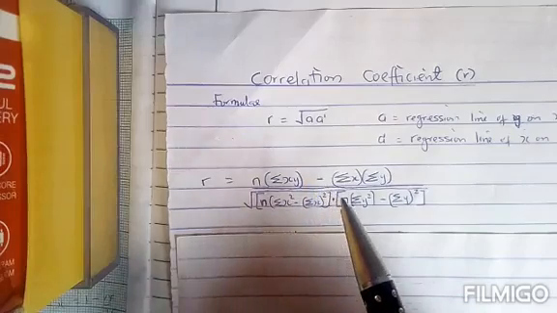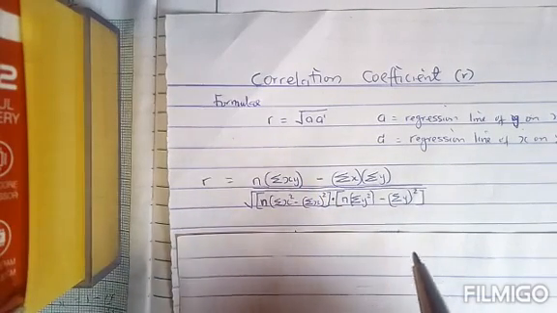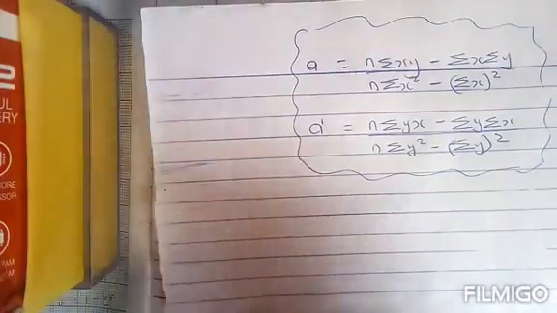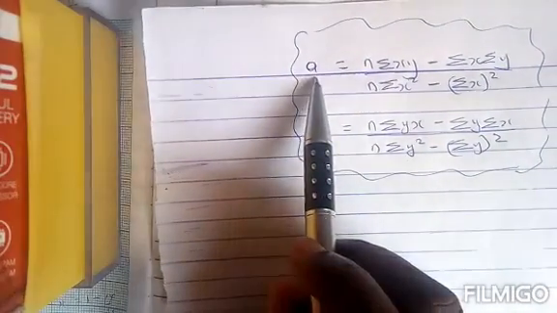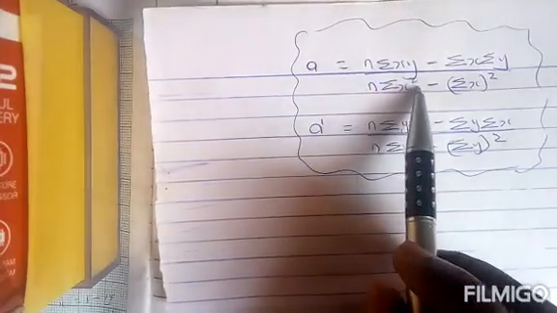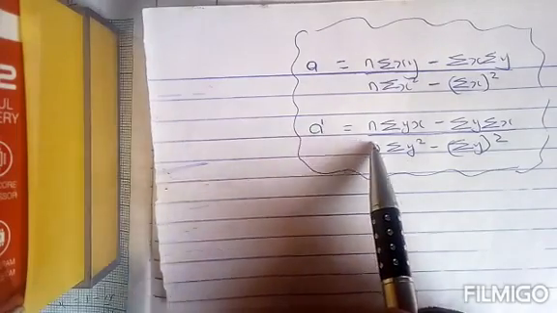If you remember last time when we were doing a regression line, we used the least square method to find the gradient of the line. And this is how to find the gradient of the line of y on x, and this is the gradient of the line of x on y.